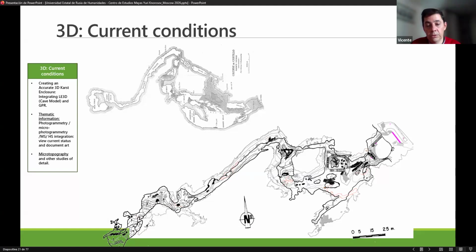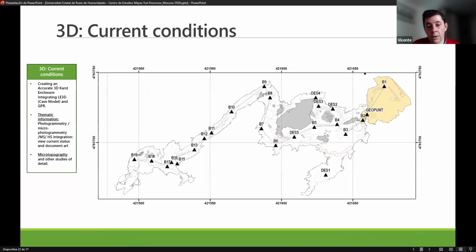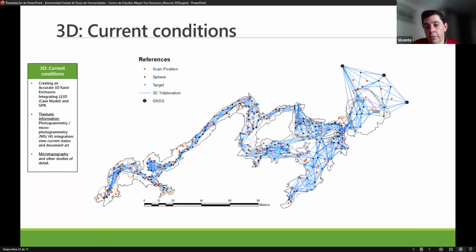So what was the scope of this 3D? To create an accurate map for the whole cave. How? With topography. You have a traverse through the cave. If accuracy is very important, you can create a microgeodetic network. This network was made with the scan positions. You measure spheres, and these spheres serve like a trilateration edge of a microgeodetic network. And why?